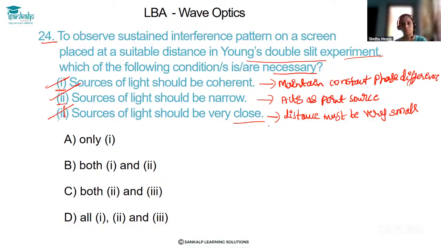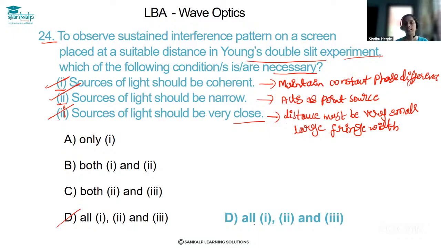Why does the statement become necessary? Once the distance is very small, or the sources of light are very close, it helps to ensure a larger fringe width, or it gives a very large fringe width. So this is also one of the necessary conditions. Hence 1, 2 and 3 are all necessary conditions here. So option D is the correct answer. All 1, 2 and 3 are necessary.